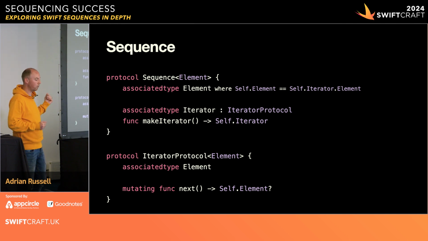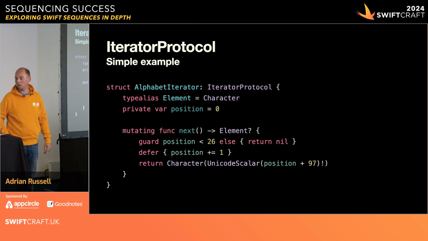So at the point where all your elements have been consumed, it will return nil, and that will be the end. You should know it's marked as mutating because the iterator might contain state, and as we iterate through, the state of that iterator is going to change.